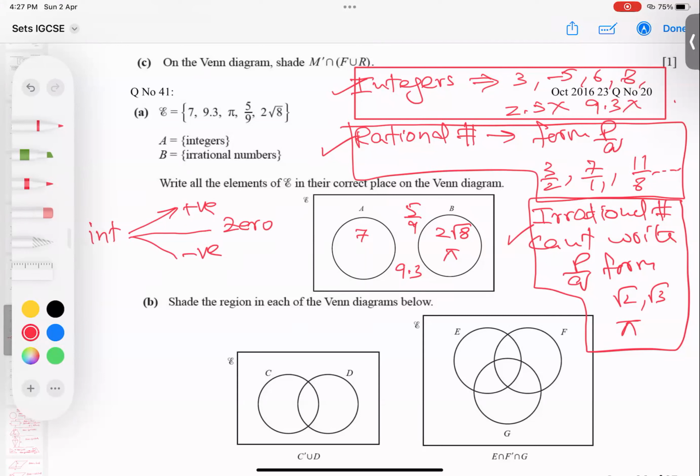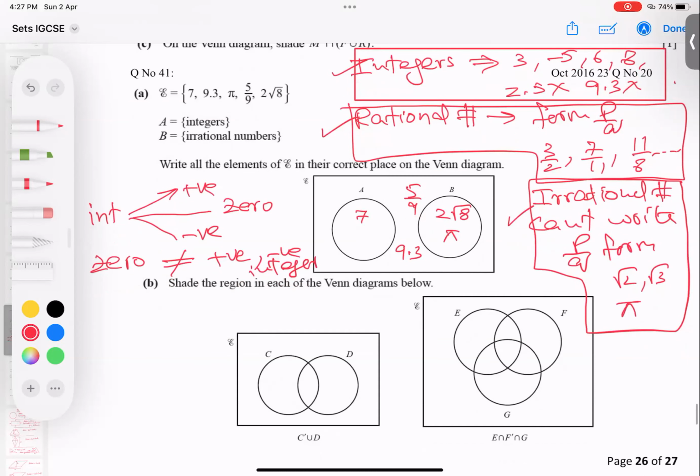If asked for integers, you include zero. But if asked for positive integers, you will not include zero. Zero is neither a positive nor a negative integer. So this is extra knowledge.